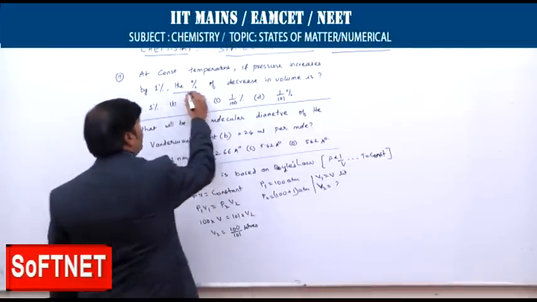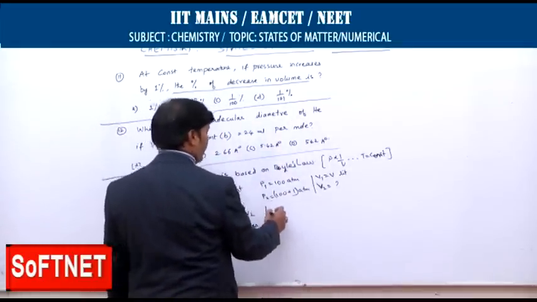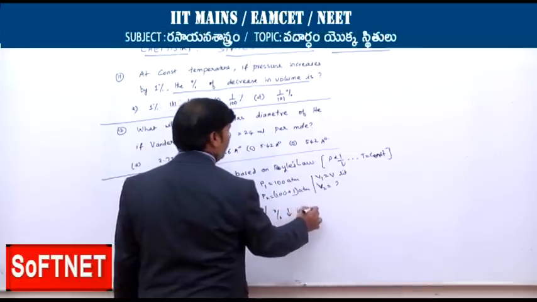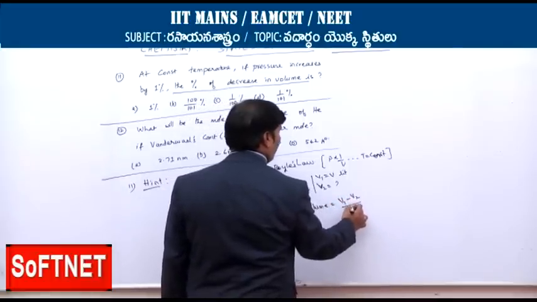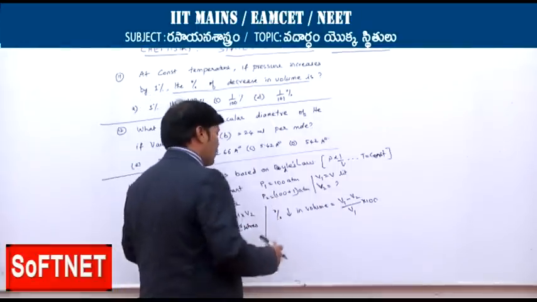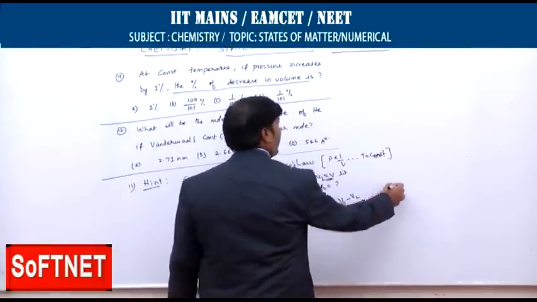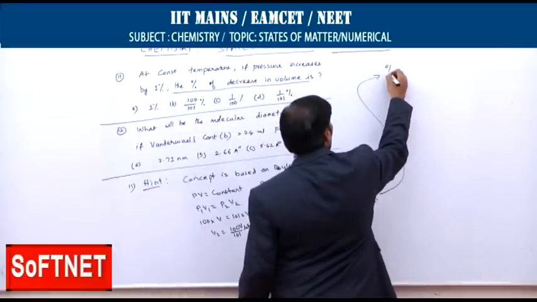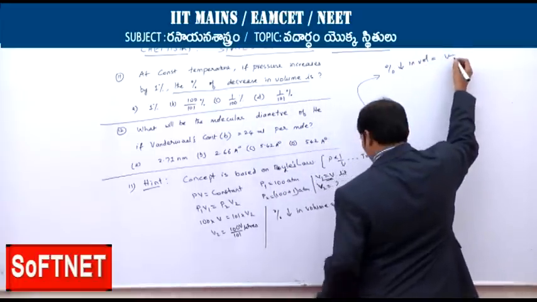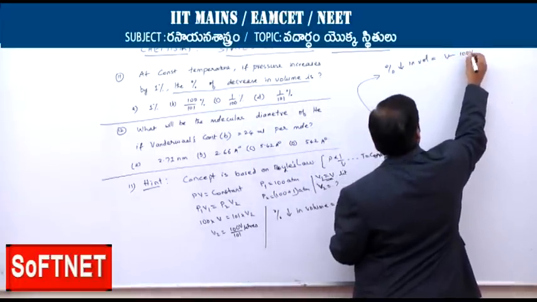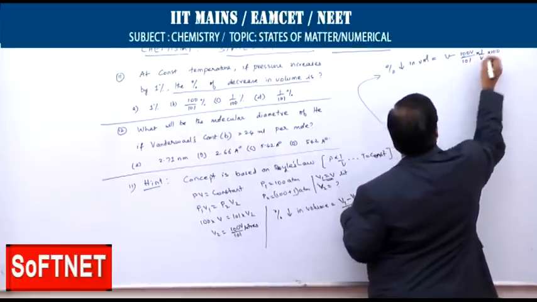But he is asking the percentage decrease in the volume. Percentage decrease in volume means we have to apply the formula: percentage decrease in volume is equal to V1 minus V2 divided by V1 into 100. My dear students, let us substitute this value here. Already we have taken V1 is equal to V. So percentage decrease in volume is equal to V minus 100V divided by 101, divided by V, into 100.